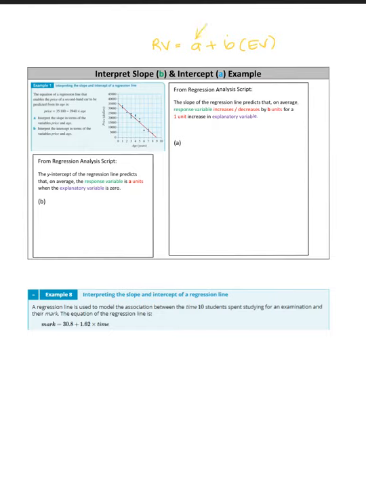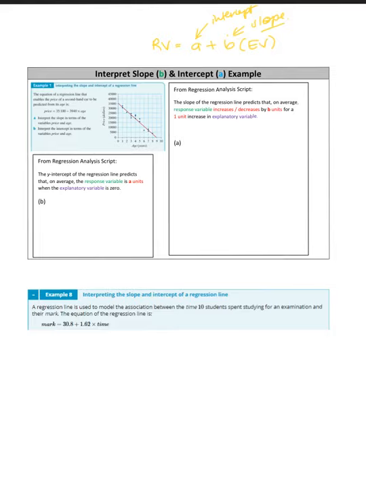So remember, our A is our intercept and our B is our slope, or the gradient, so how steep the line is. Now, in this video, we're going to go through explaining the A and the B value, or the intercept and the slope, in context in the particular question.